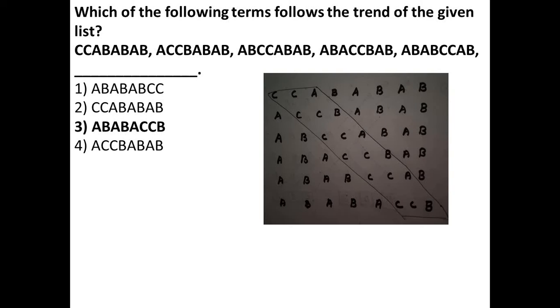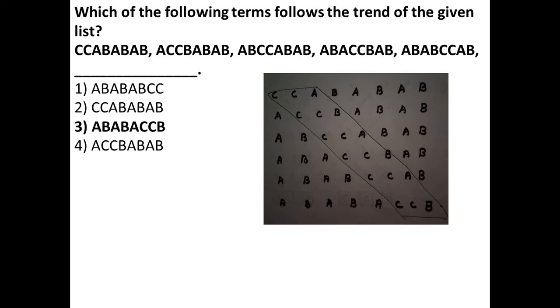For this, when you see, actually the question seems to be big and tough, but actually the answer is very easy to find. Just note down the position of this CC. First it is in first and second position, second and third, third and fourth, fourth and fifth, fifth and sixth. So next is sixth and seventh. Sixth and seventh, only option is option 3.